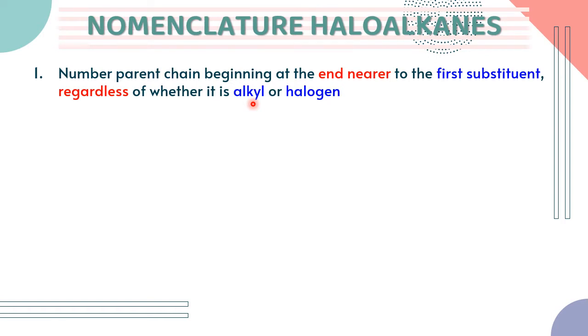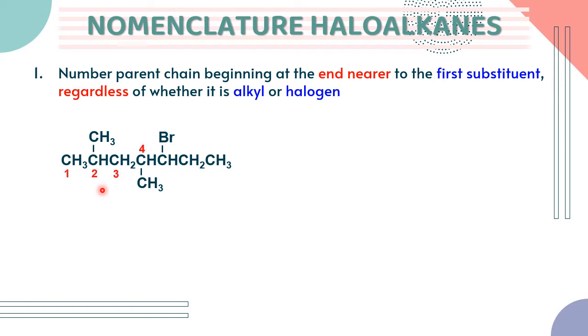The longest carbon chain will be our alkane, and the parent name will be the name of an alkane. For example, I have this structure. Locate the longest carbon chain. Over here we have a 7 carbon alkane. So this is the longest carbon chain.